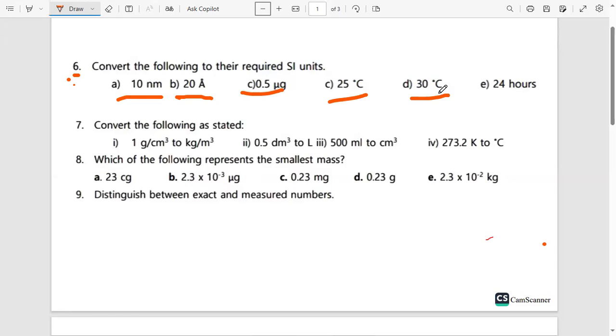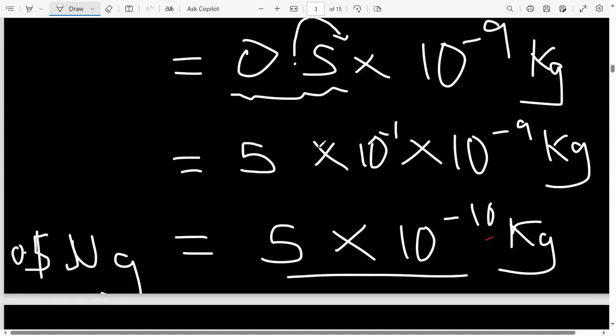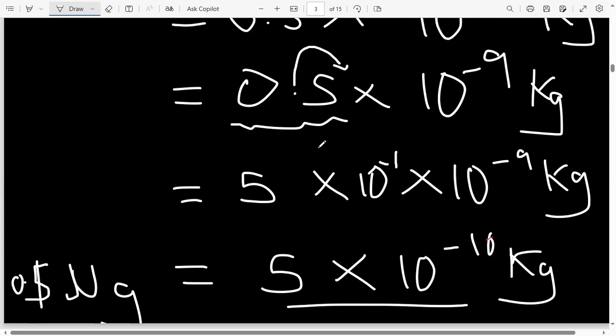Sir, I have a question on the previous question you were solving. I wanted to ask where you separated the 0.5 times 10 to the power something over 10 to the power 3, that one.